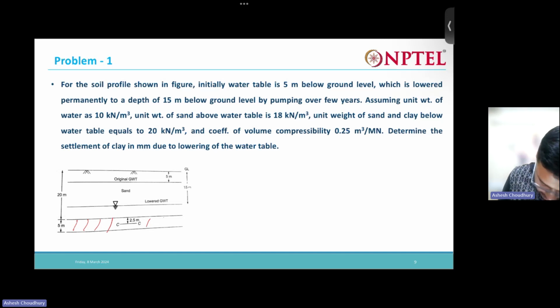So initially, let us calculate the effective stress at this point.